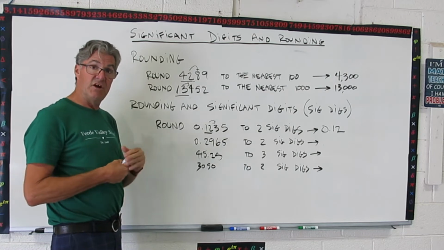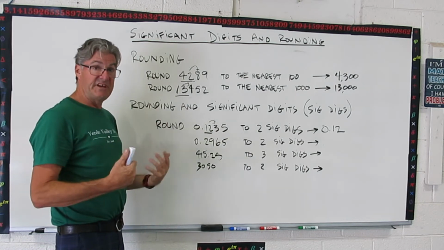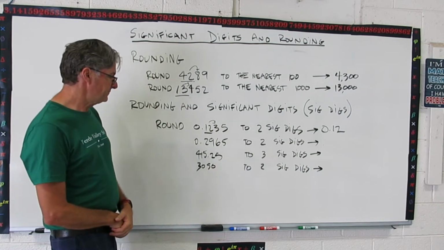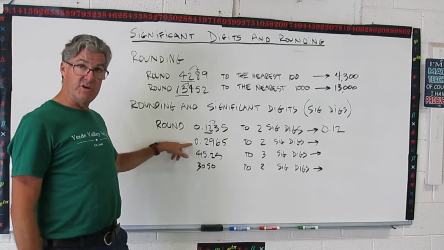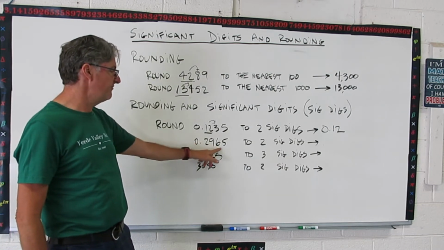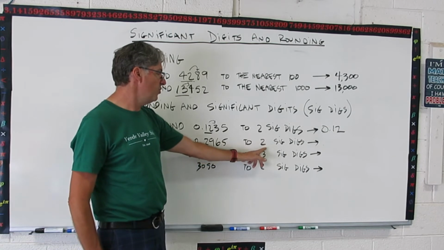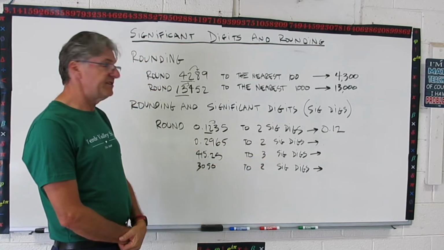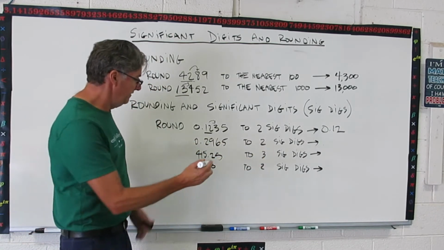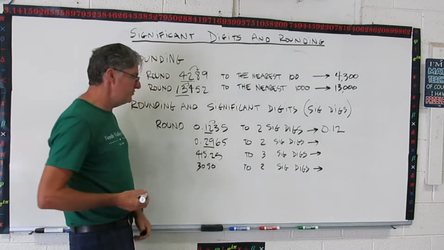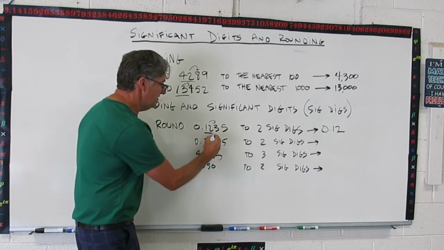If you want to pause the video right now and give these a try, and then see how you did, that's fine. Okay, so here's our number, another 4-digit decimal, 0.2965, and we're asking to round this one to 2 significant digits. Now this is going to go a little different, because here's where we have 2 significant digits, but we look to the next one.